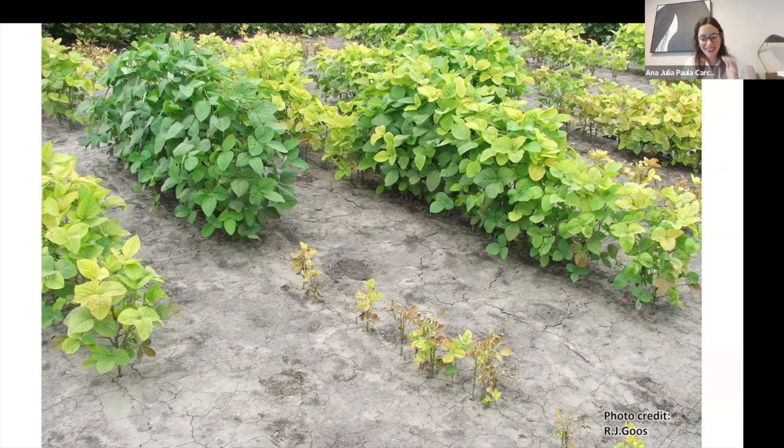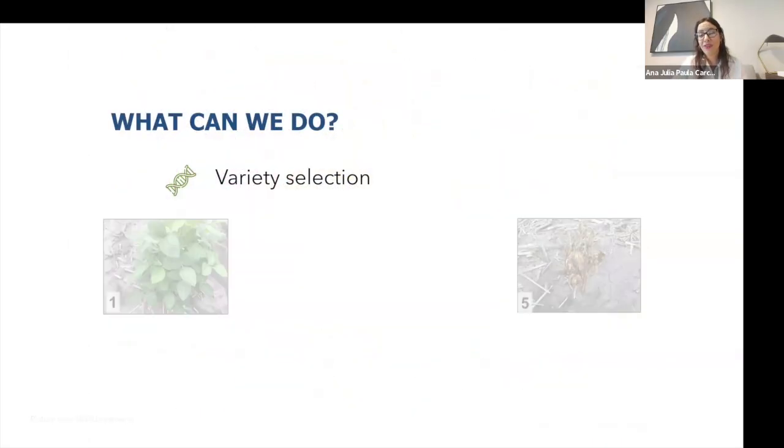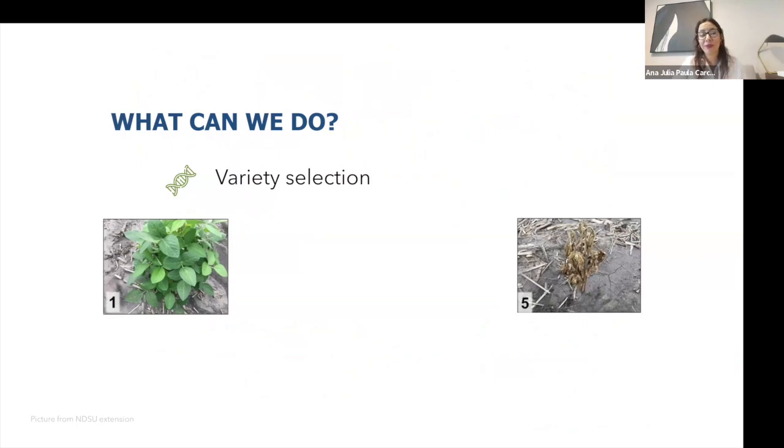But I have to say, this is a kind of fun fact. This is actually a post from the Washington Post that shows how females and males perceive color. So you can see females can divide the colors way more than males. And this is just a fun thing to relate, to say, okay, when you're going to the field and doing the visual score of chlorosis, defining a 1 and a 5 is really, really easy.